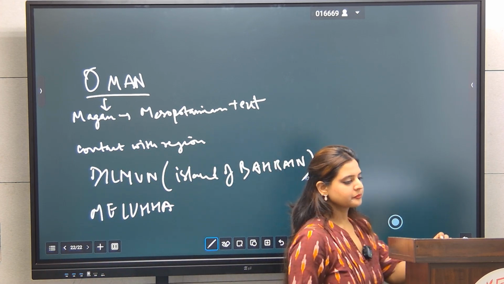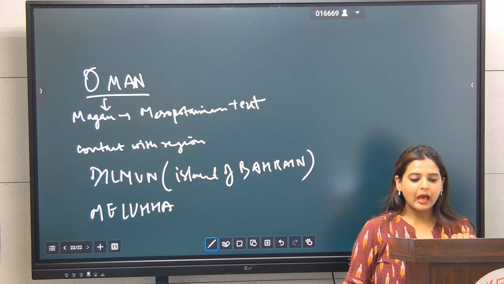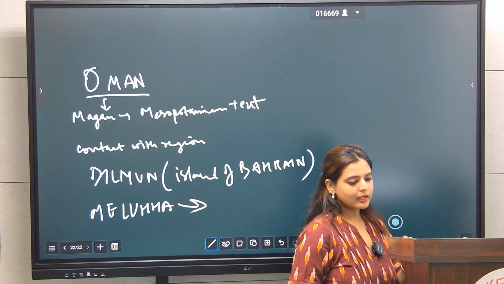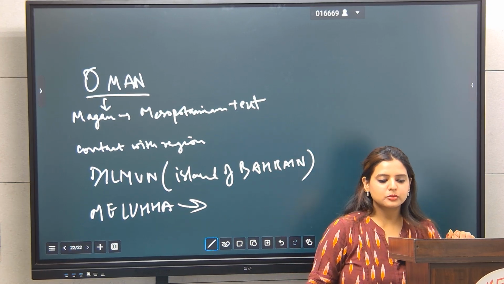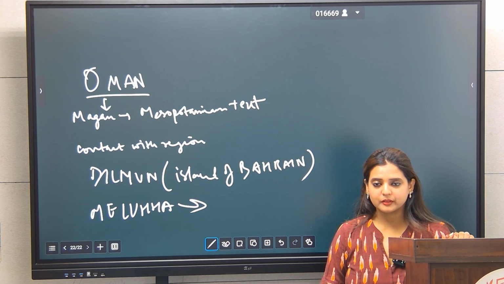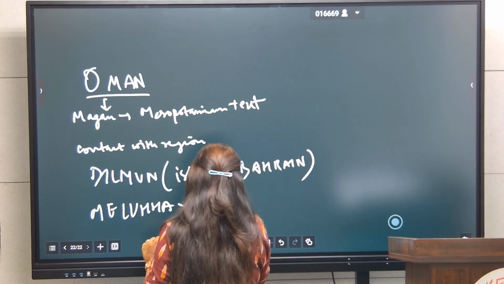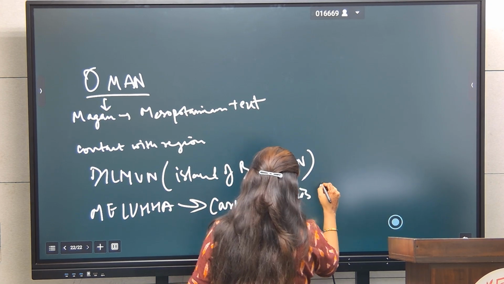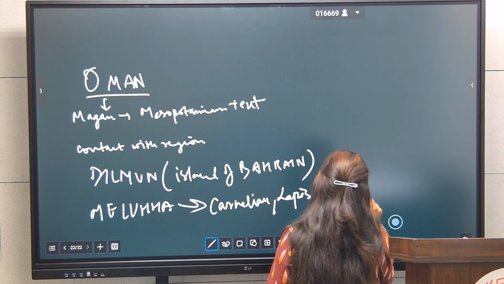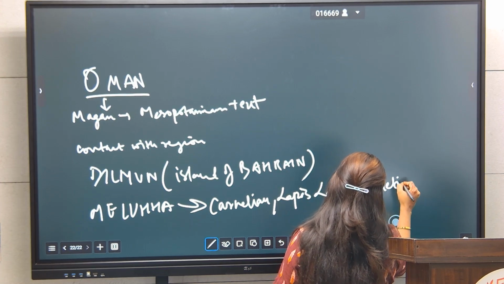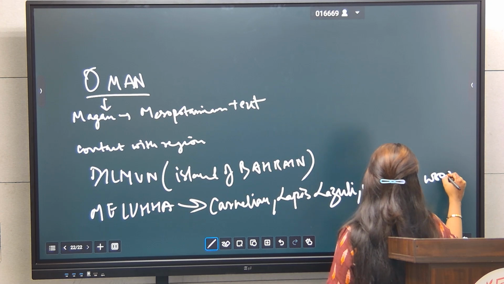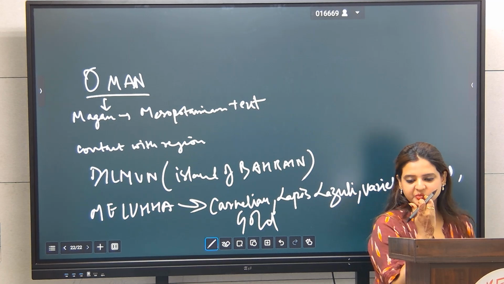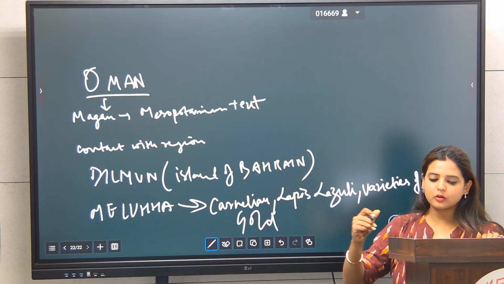Meluha was also mentioned, and a lot of products were produced in Meluha and bought from Meluha, like carnelian, lapis lazuli, copper, gold and varieties of wood.